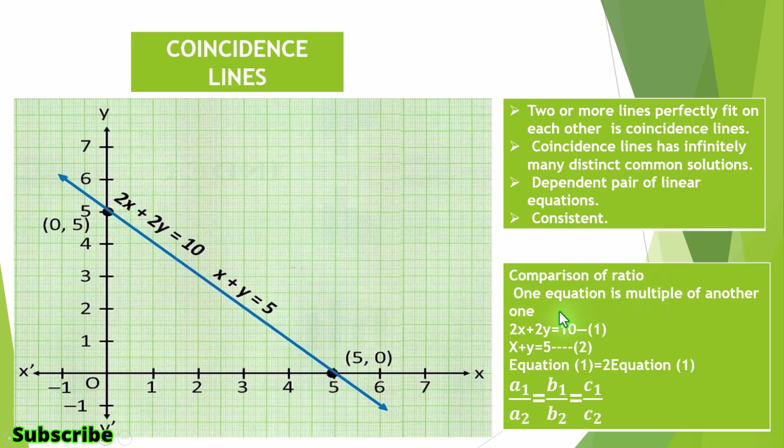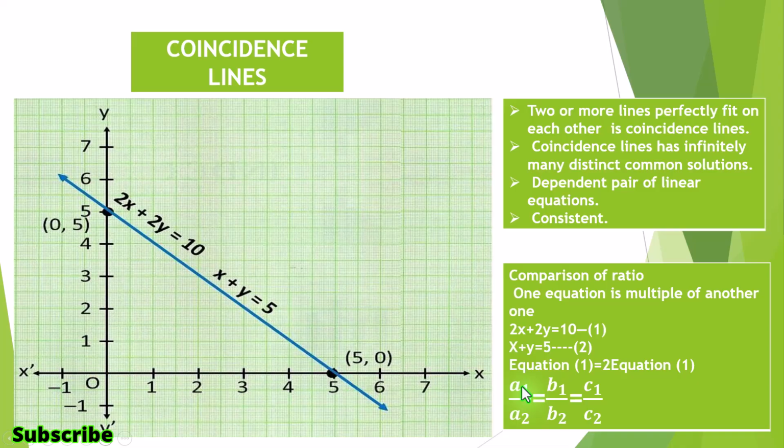Then the comparison of ratios. In this type of pair of linear equations, one equation is a multiple of the other equation. Here the first equation is 2x plus 2y is equal to 10. The second equation is x plus y is equal to 5. See, the first equation is 2 times the second equation.